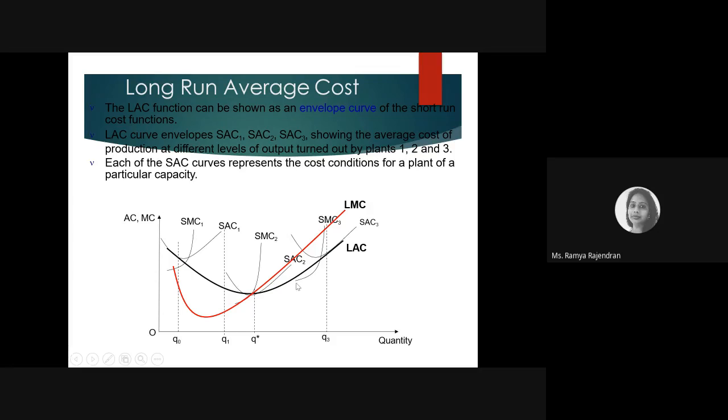You still have SAC1, SAC2, SAC3, but you're creating an envelope curve over these 3 short run cost curves. And then this is your long run marginal cost curve. This is your marginal curve in the longer run.